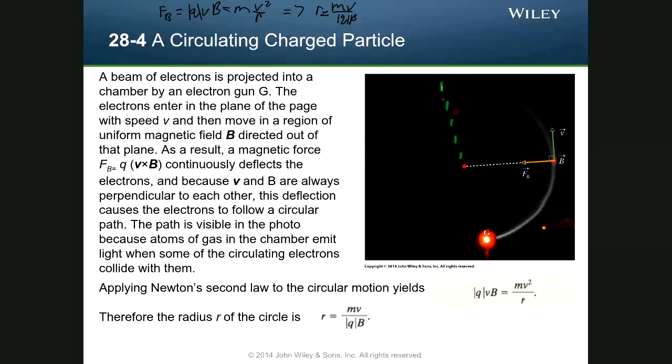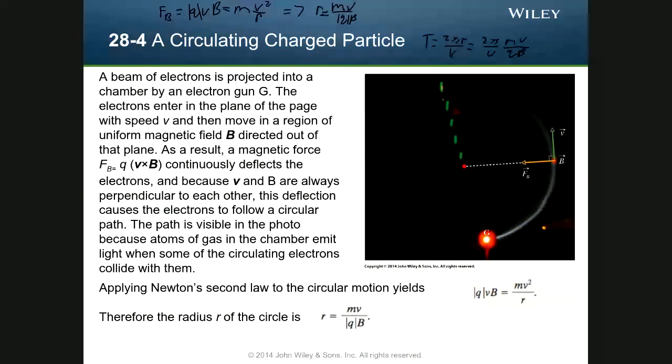All right. And now what could also be pretty good is if we're moving around in a circle, you'll recall from physics 1 that the period of motion is equal to, I believe, 2 pi r over v. And you can just plug in r, so that will be equal to 2 pi over v times mv over qB, right?